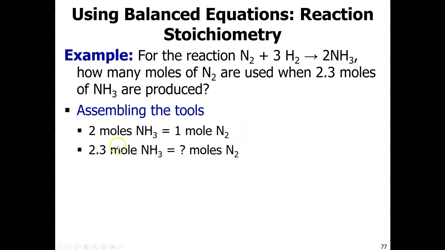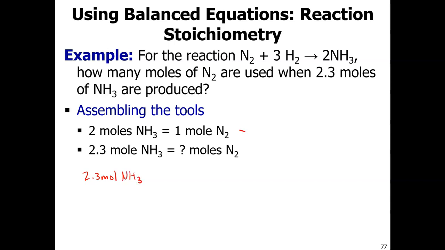What we have is 2.3 moles of NH3. That's what we are given, what's produced. We want to know how much N2 we start with in this equation. I typically like to start with what we're given, 2.3 moles of NH3.